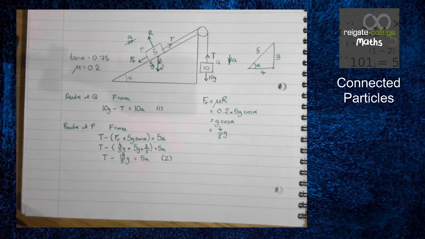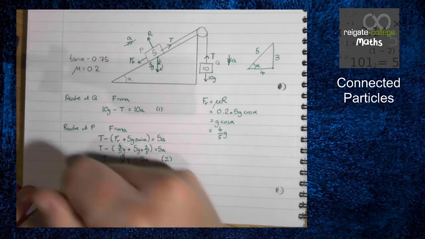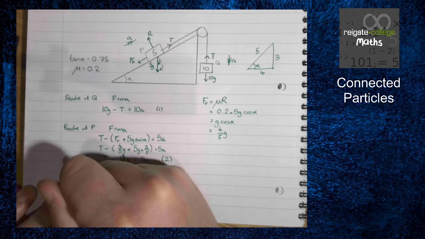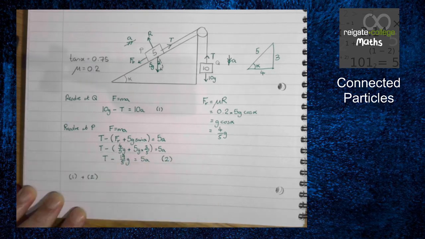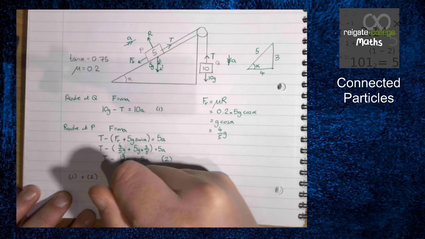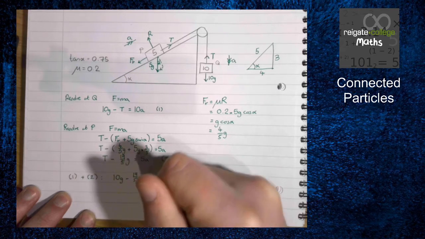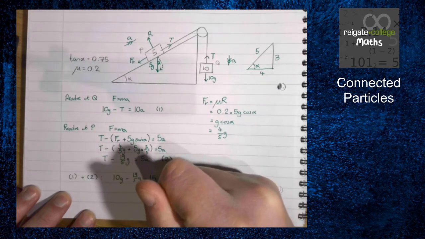Part A of this question is find the acceleration. So we need to eliminate T from these, very simply by adding equations 1 and 2 together. If we do that, we get 10g minus 19 over 5 g is 15a.